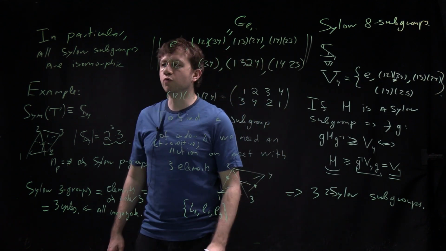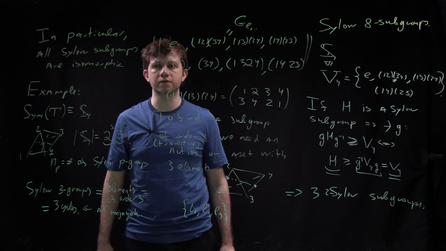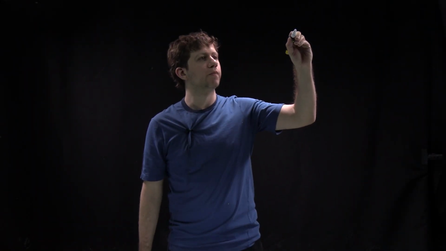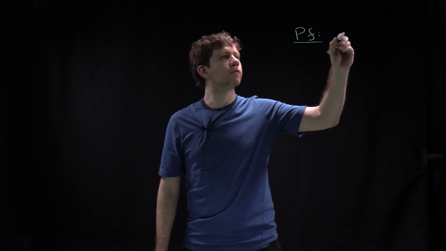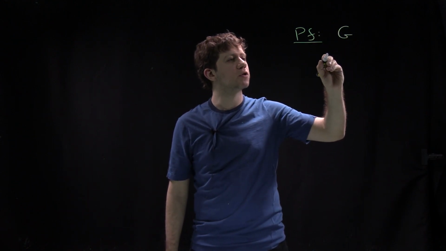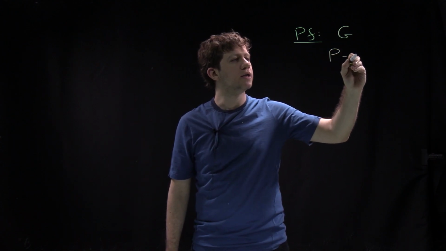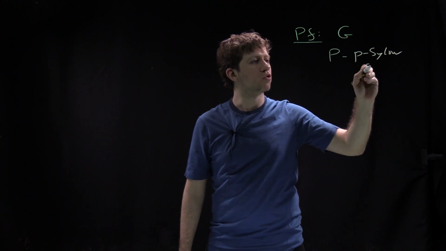So next I want to prove Sylow's second theorem, and then give some more examples of Sylow subgroups. Okay, so proof. Let's recall what we have. We have a group G, and P is a p-Sylow subgroup.